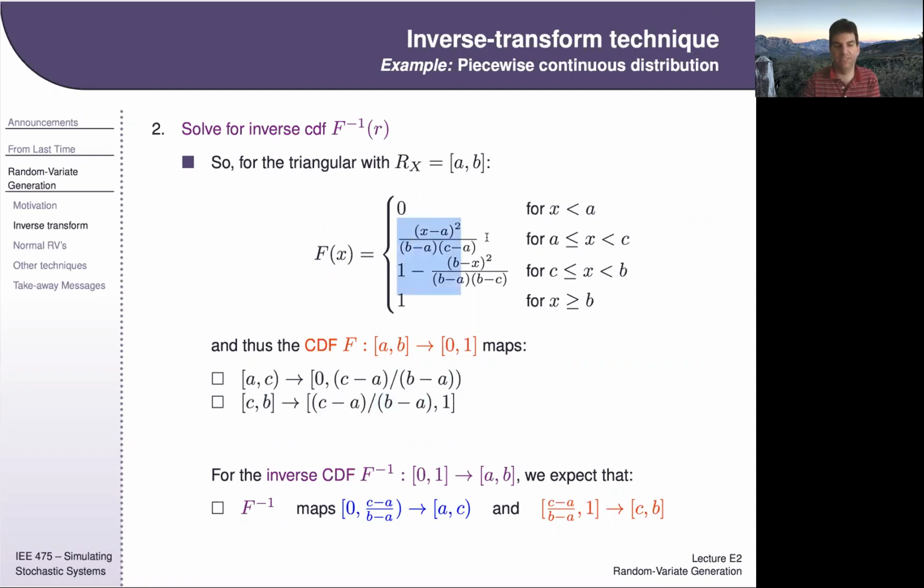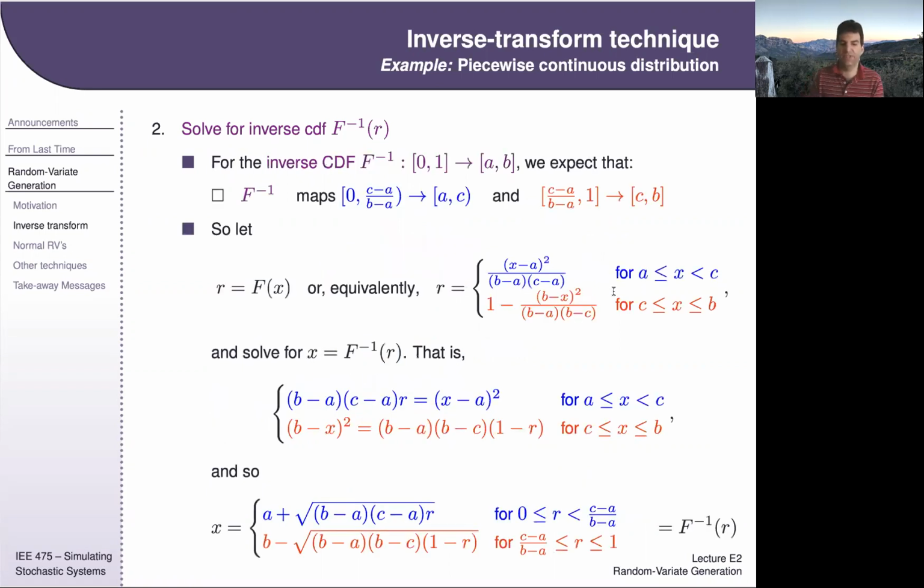So we can piecewise inverse, take the inverse of this top piece, and that'll be for X values from A to C, or that'll be from R values from 0 to this constant, and likewise for down here. And so you can then do that piecewise inverse for these 2 pieces, and that's all that I go through here. So I say that I'm going to set R equal to this from A between these values.